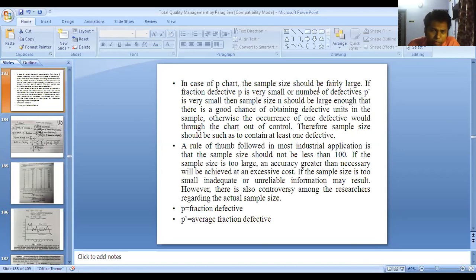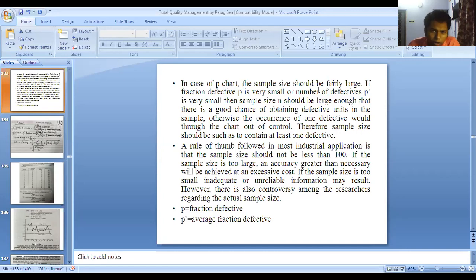If fraction defective P, or the average fraction defective P dash, is very small, then sample size N should be large enough that there is a good chance of obtaining defective units in the sample.